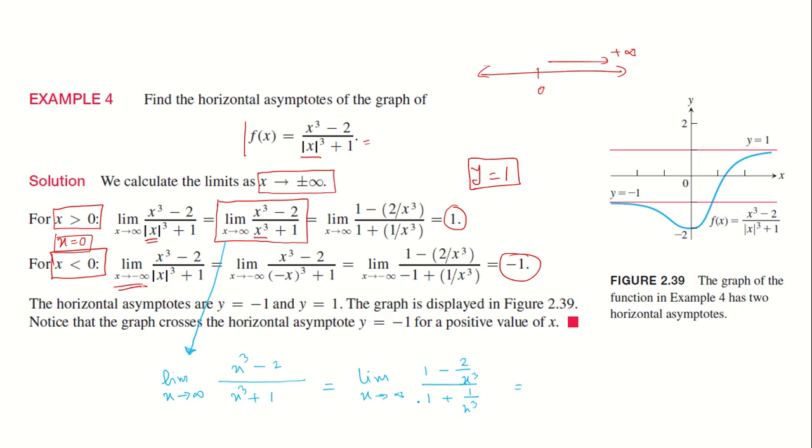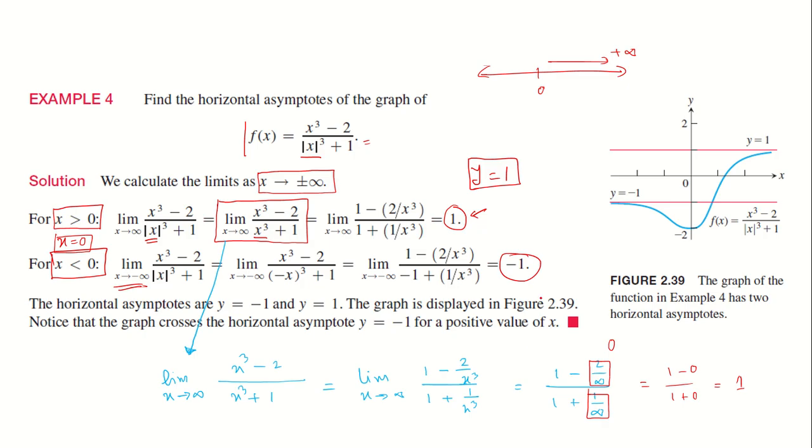Now if we substitute infinity in place of x, then we have 1 minus 2 by infinity, 1 plus 1 over infinity. Something over infinity equals 0. So we have 1 minus 0 over 1 plus 0, so it will be 1.